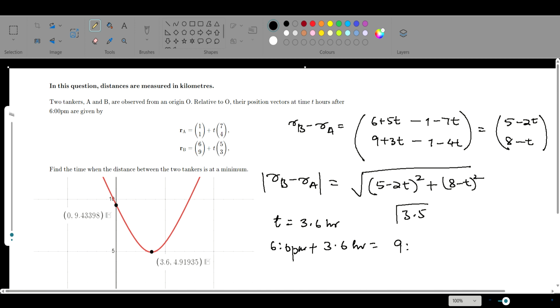If I write 3.5, it's 3.5 hours. And if it is 3.6, then I believe it will be 9:36.